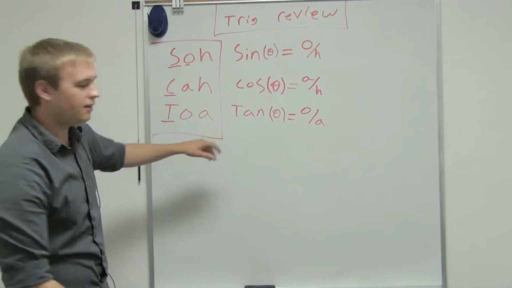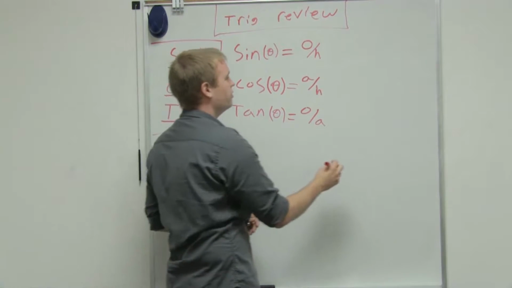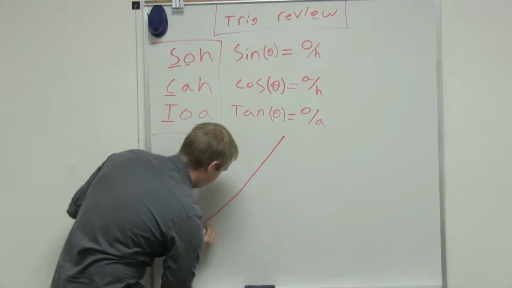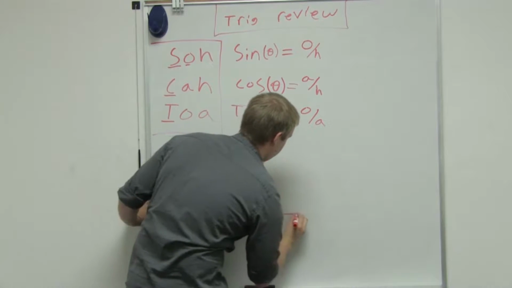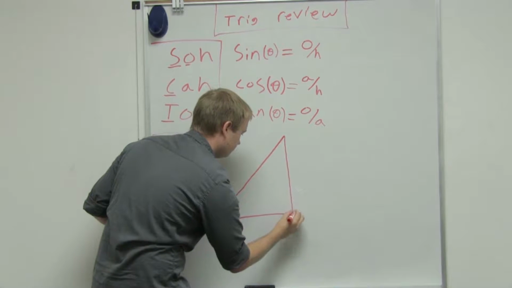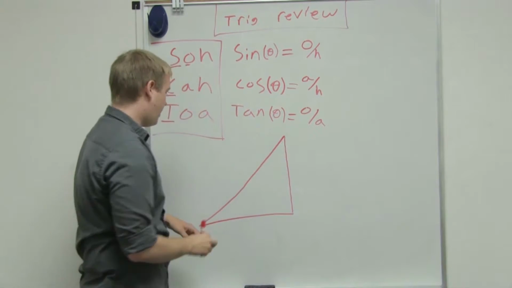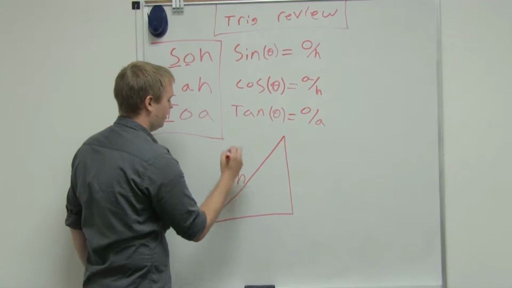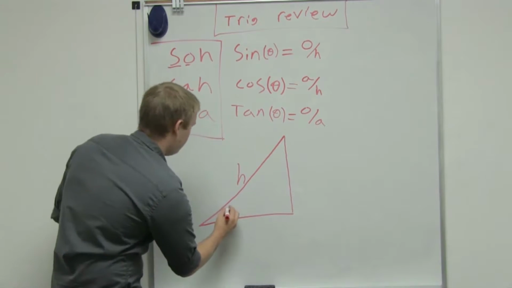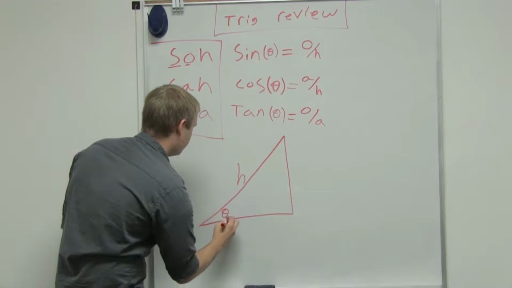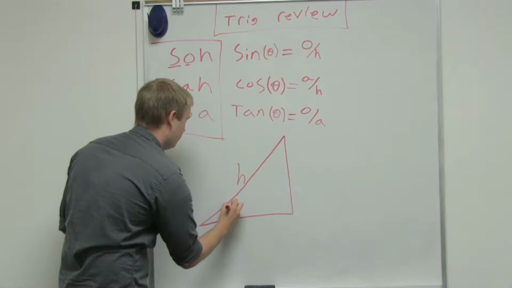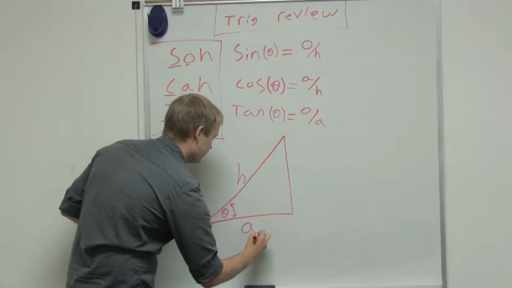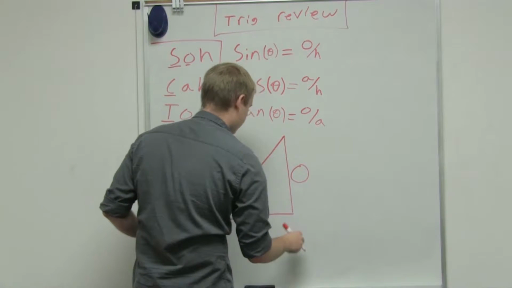So these all refer to basically just a triangle. We have our triangle here. The longest leg is always our hypotenuse. And let's say our angle, theta, is right in here. It measures the angle between this leg and this leg. So this one is our adjacent, and this one is our opposite.